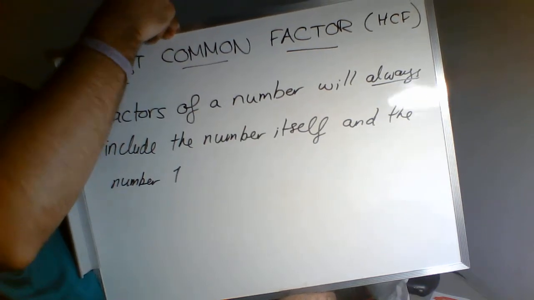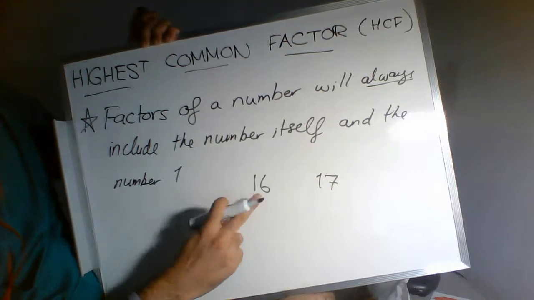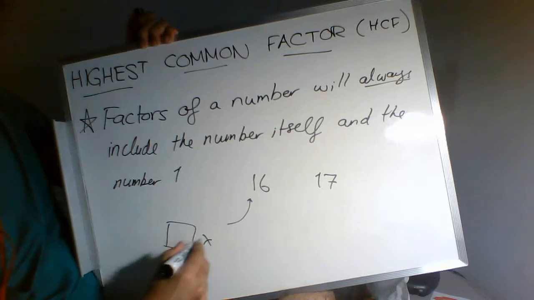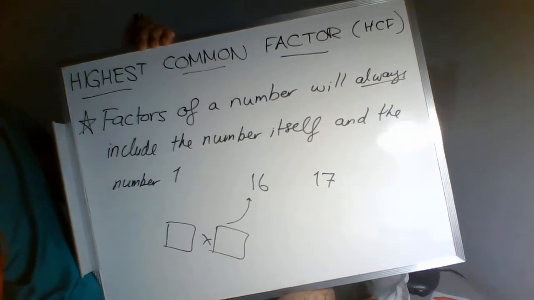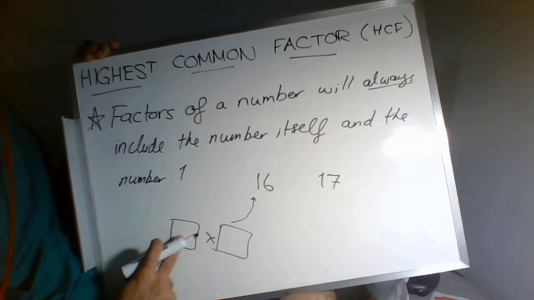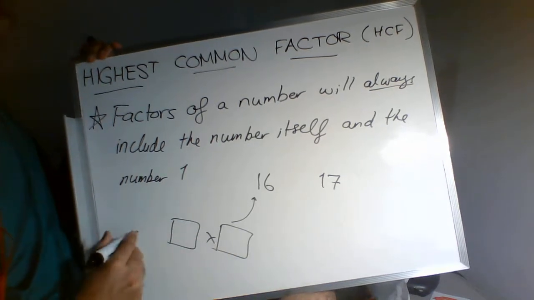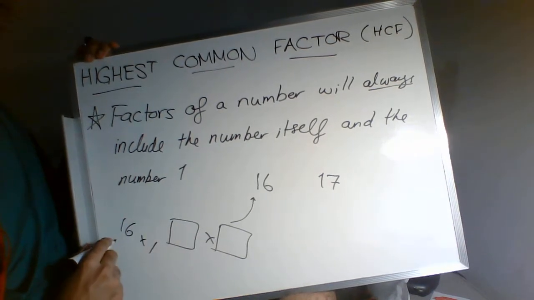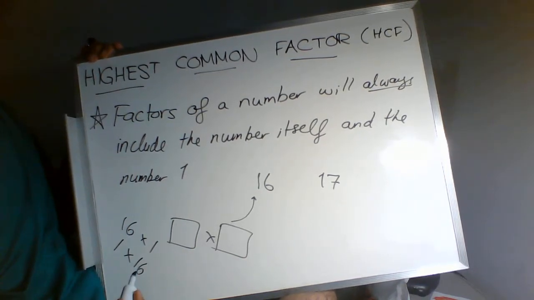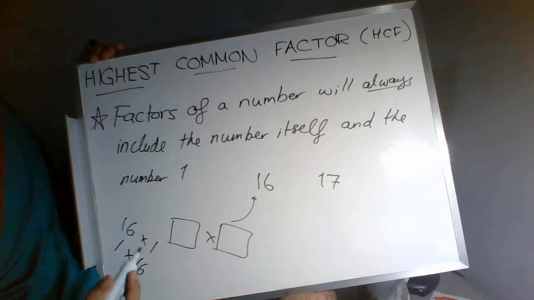between some numbers like, let's say, the number 16 and the number 17 is that 16, you can arrive at through the multiplication of two different numbers in more than one way, right? You could do 2 times 8, you could do 4 times 4, you could do 16 times 1, and we're saying that doing 16 times 1 to get to 16 is the same as doing 1 times 16, because for multiplication the order doesn't really matter, so we're treating this case and this case as the same thing.